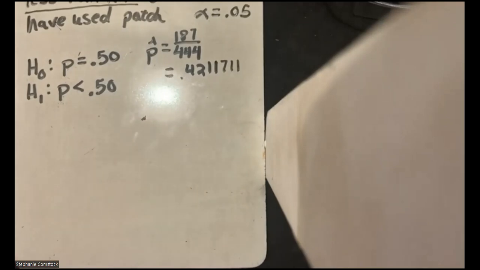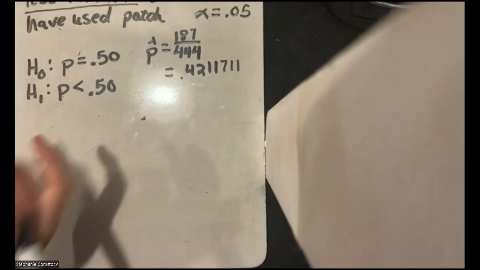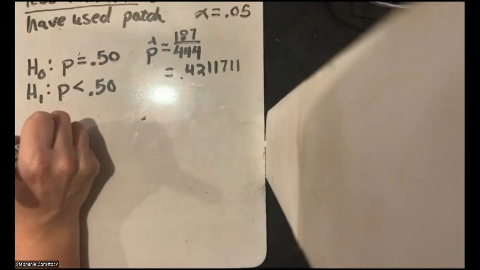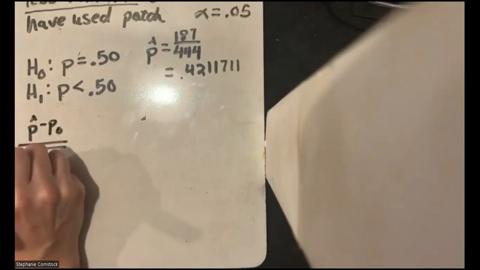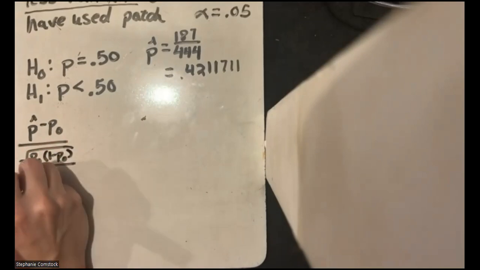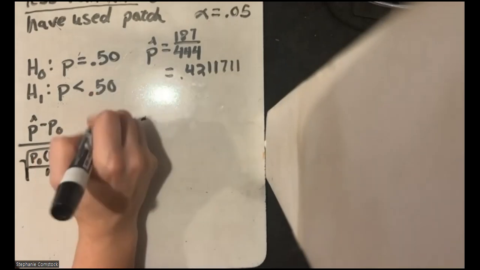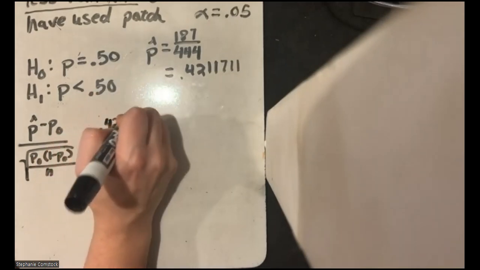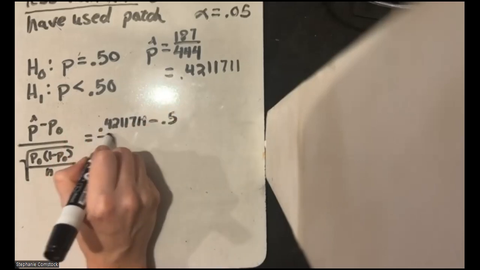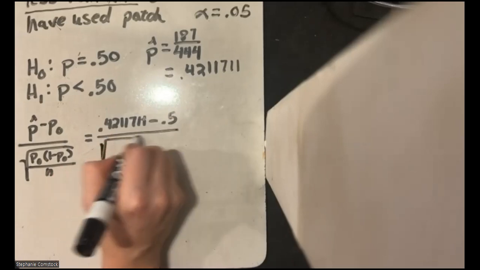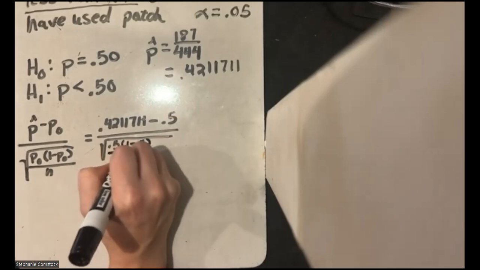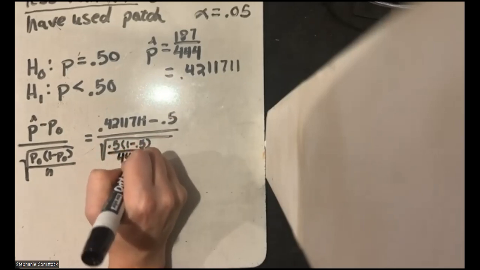Now I need to find my test statistic. Again, that formula was p hat minus p naught over the square root of p naught times 1 minus p naught over n. So we've got 0.4211711 minus 0.5, over the square root of 0.5 times 1 minus 0.5 over 444.